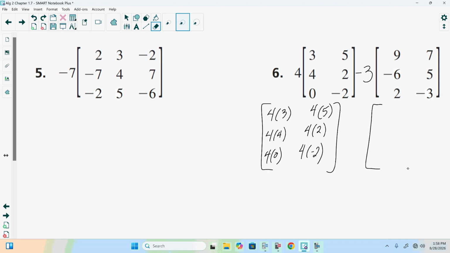If we multiply through by 3, so 3 times 9, 3 times 7, 3 times negative 6, 3 times 5, 3 times 2, and 3 times negative 3. We can do that product of 3. The sign between them stays negative.